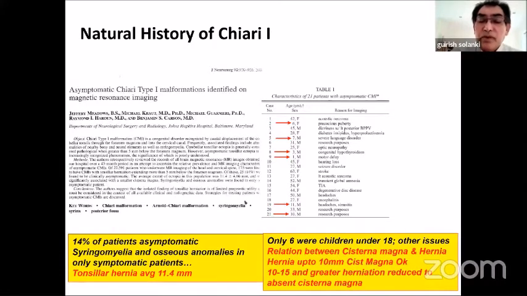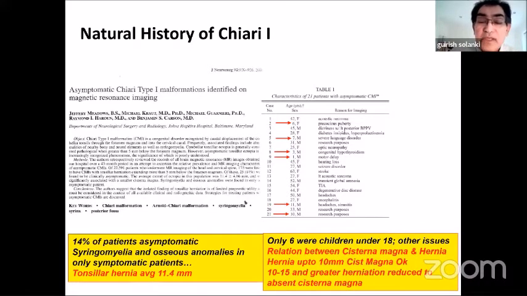Now, when I looked carefully at the 25 patients and 21 with a symptomatic Chiari malformation, only 6 were children under the age of 18. And they had a number of different issues like congenital hypothyroidism, motor delay, precocious puberty, headaches and sinusitis, and I think one was done for research purposes. So of these 6 children, you can make very little in terms of deductions.